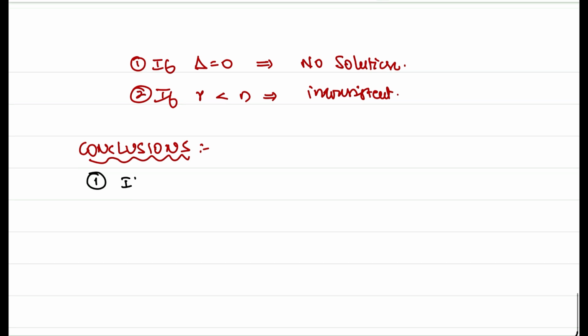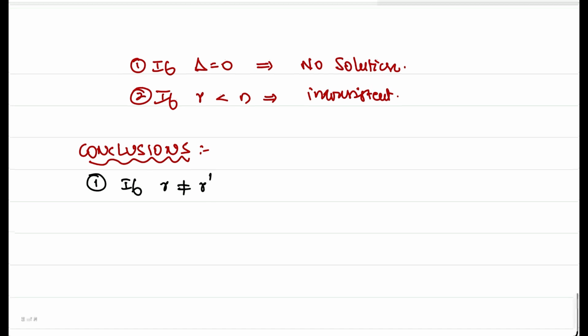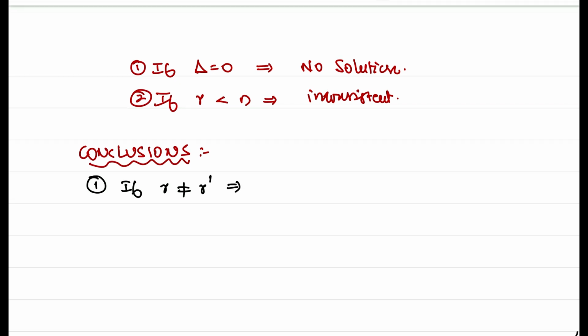First conclusion: if R is not equal to R dash, then the system is inconsistent and has no solution. This inconsistency cannot be found out from the determinant.